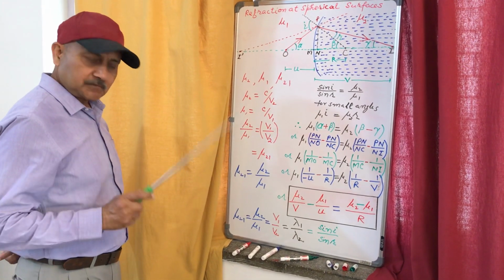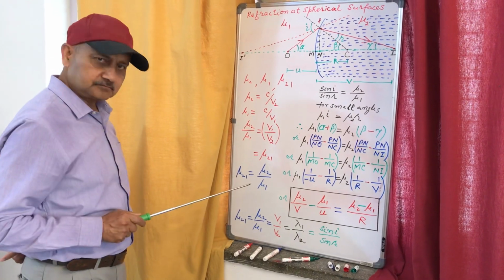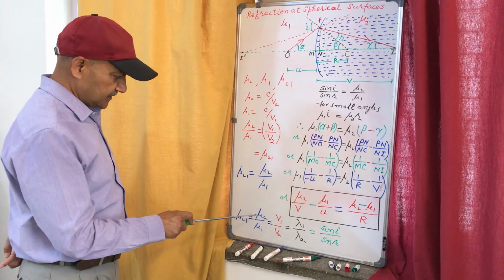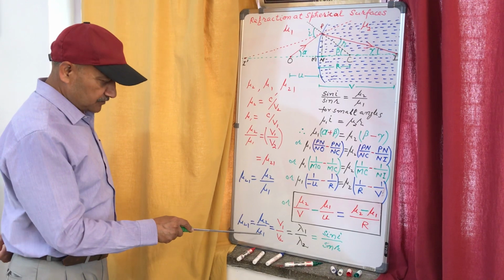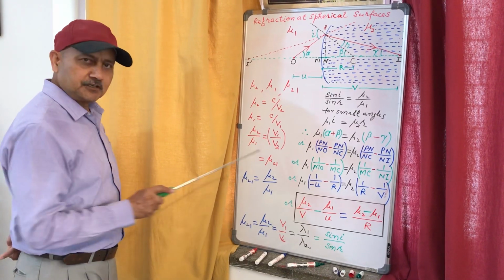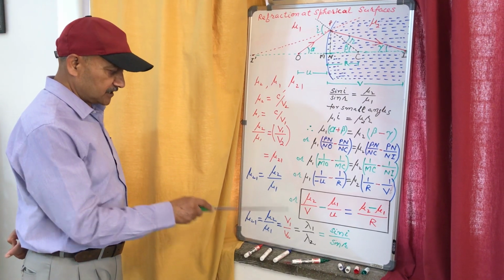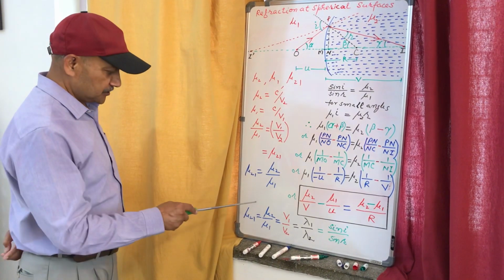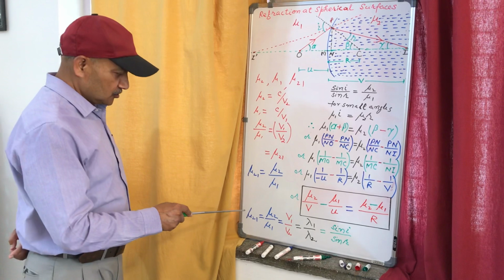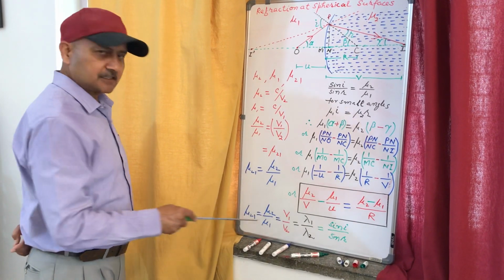Here you have to pay attention. This is mu2 upon mu1, but this is v1 upon v2. Here 2 is in the numerator, here the suffix 1 is in the numerator. So it should not be confused. You have to remember the whole relation.